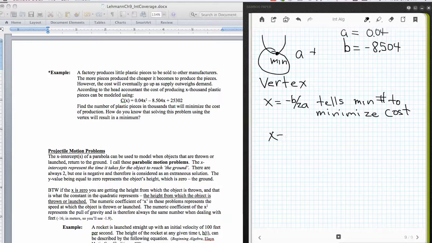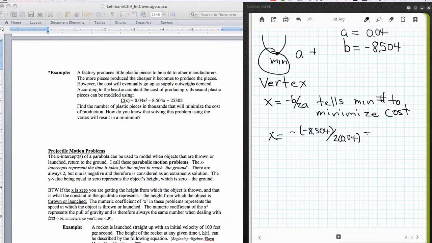So now that we know our B and we know our A, we can find out what our X is. Our x is going to be the opposite of whatever b is, and our b is a negative 8.504, and then we have that being over 2 times whatever our a is, and our a is 0.04.